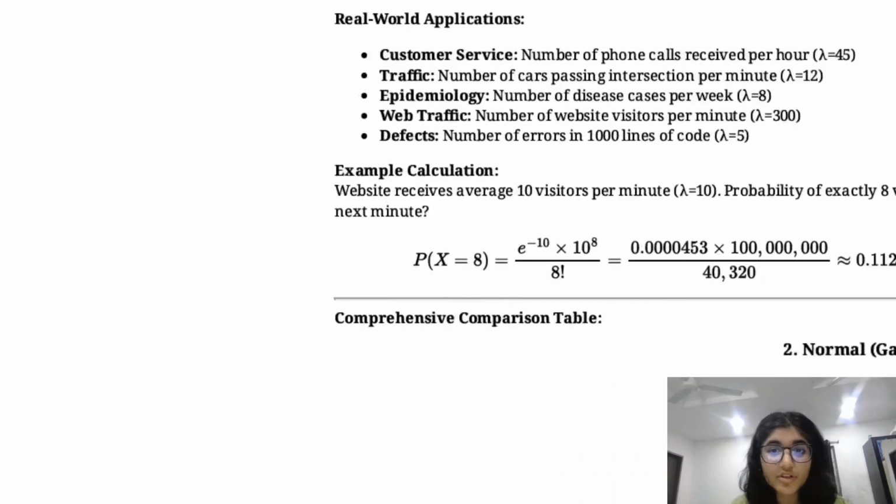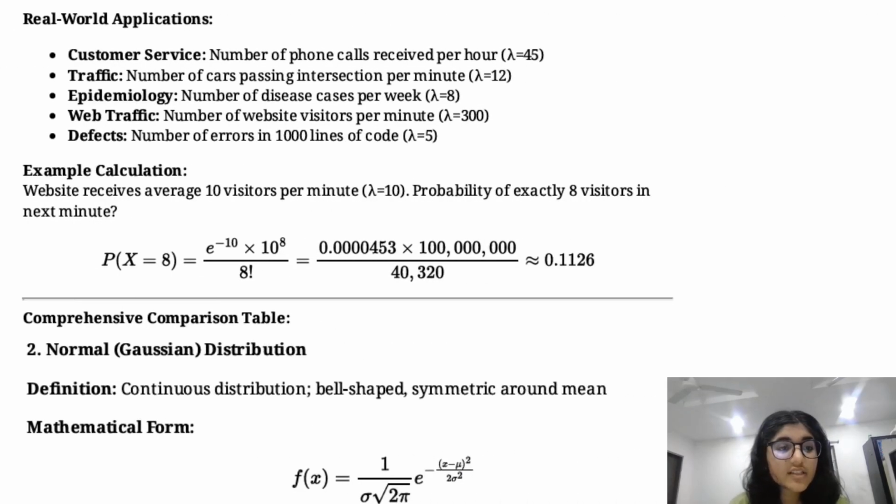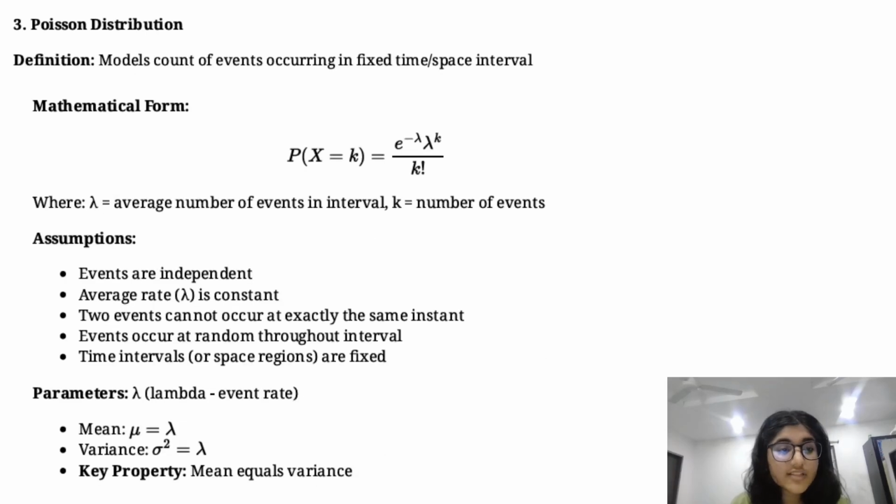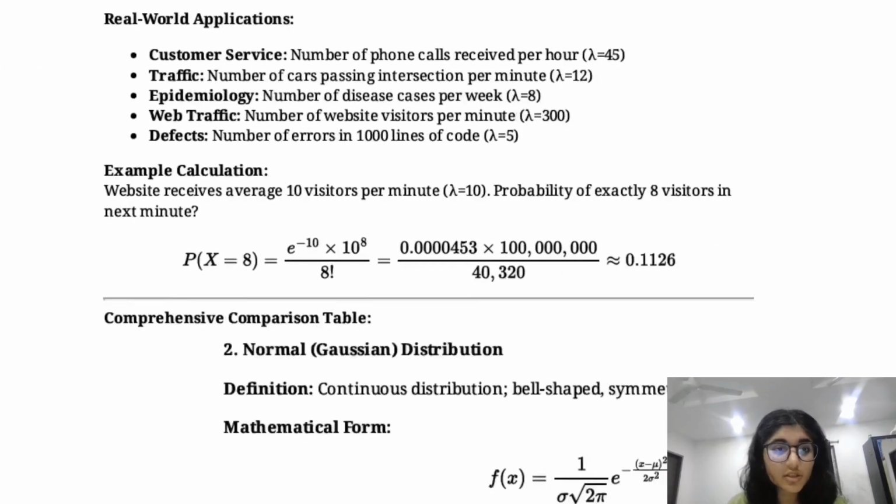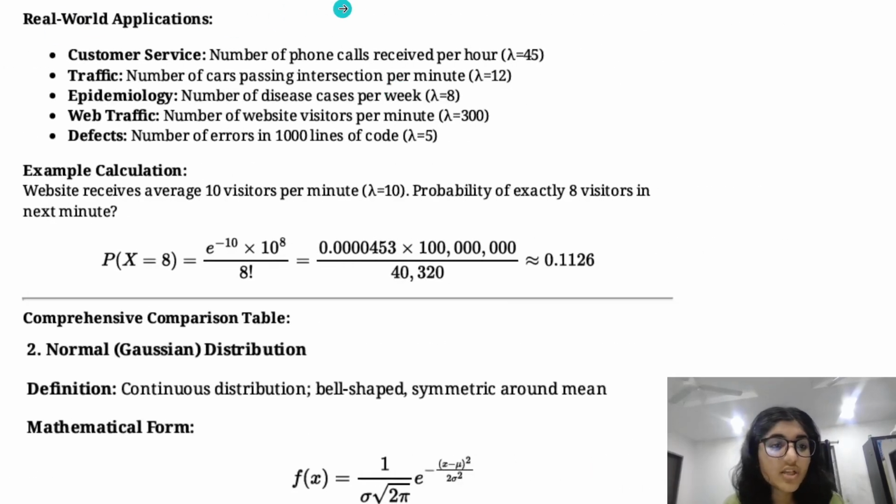This was all about question 2. Now we will discuss the Poisson distribution's real world applications. The real world applications are customer service, that is the number of calls received per hour, then traffic, epidemiology, web traffic, and defects. The example calculation: a website receives an average of 10 visitors per minute, what is the probability of exactly 8 visitors in the next minute?